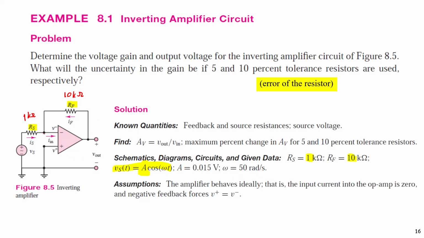Ideally, the gain of this circuit is negative 10 by 1, so negative 10. Whatever Vs is, V out will increase by 10 times, but with inverse value.